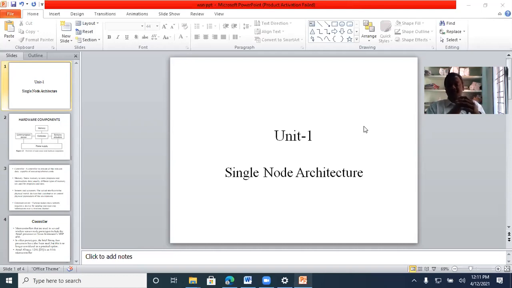After processing, the controller or processor requires some memory, internal memory and external memory.